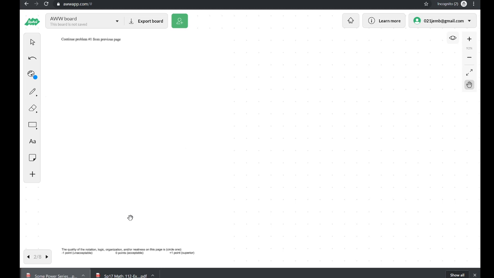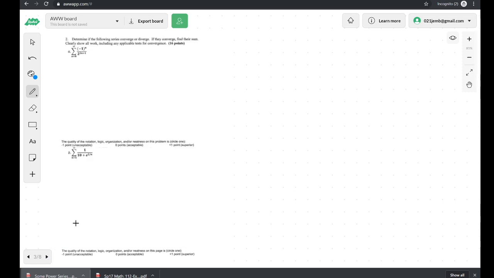And over here, they have this curious thing: the quality of notation, logic, organization, and or neatness of this page is circle 1. It seems like a grading rubric. So it depends on how well you answer the prompt and how logical your work is.